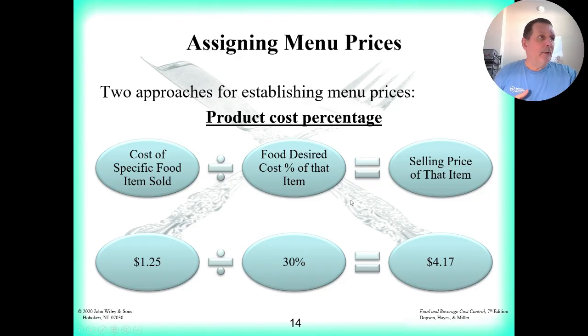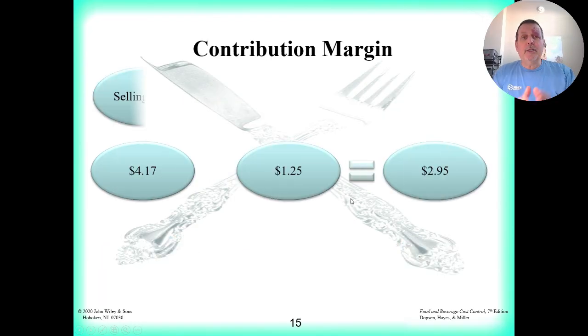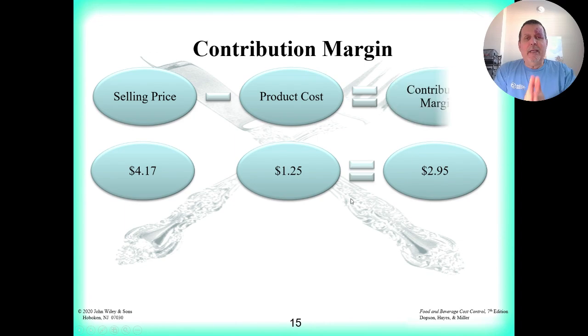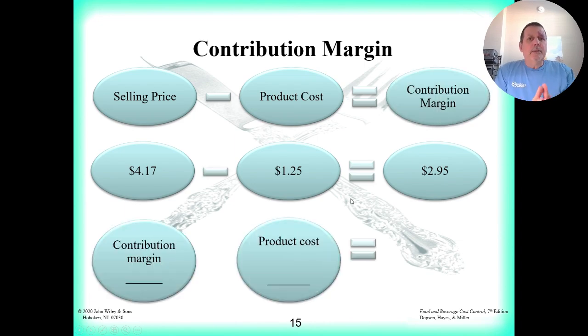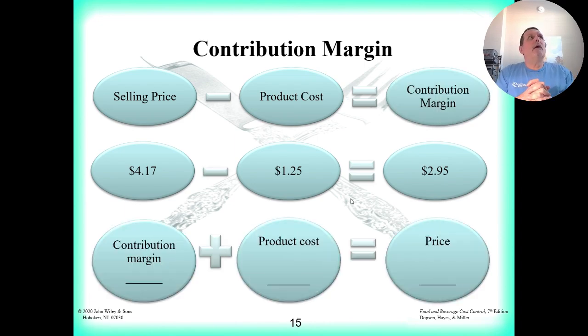The next way we do it is the contribution margin. Contribution margin is a way to say that for every item I want to make $5. Let's just say some items fluctuate as far as the food cost.